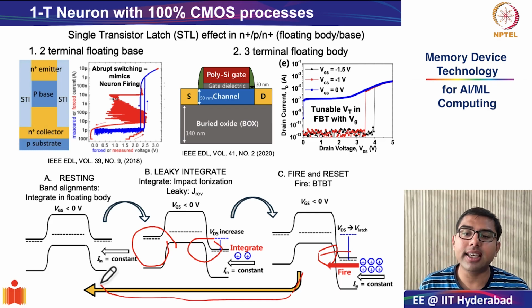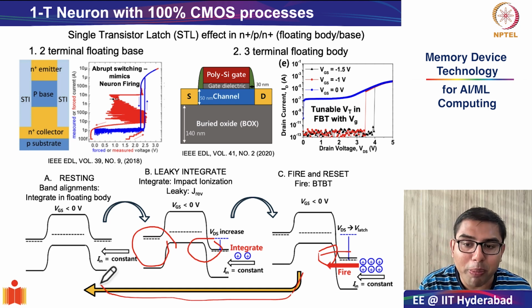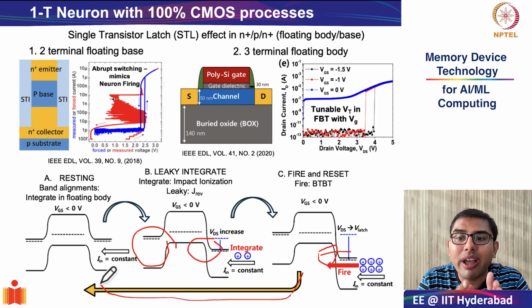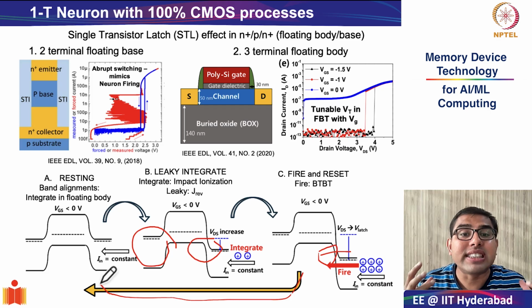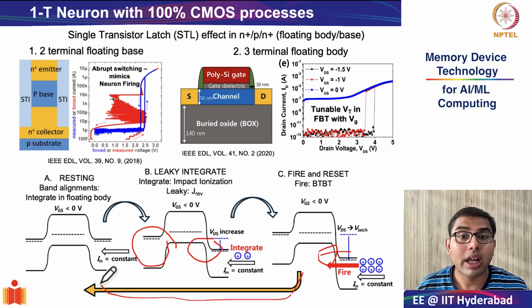So what we are seeing here is a neuron-like behavior emerging purely from semiconductor physics, integration through body charging, firing through impact ionization, and reset through leakage. And this is the essence of how the single transistor latch effect enables neuron-like behavior.